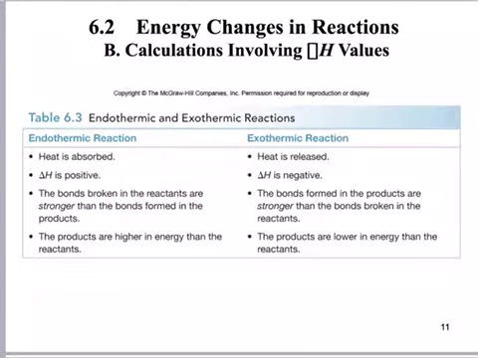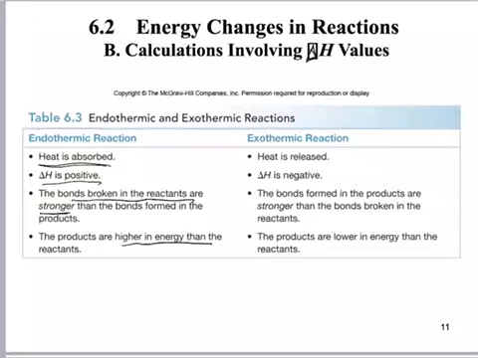So just to reemphasize what we've been talking about when we're talking about delta H values, in an endothermic reaction, heat is absorbed. The delta H is positive, and the bonds broken in the reactants are stronger than those formed in the products. In other words, the products are higher in energy than the reactants.